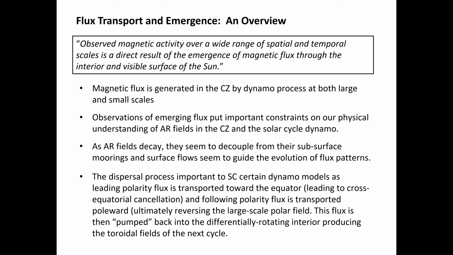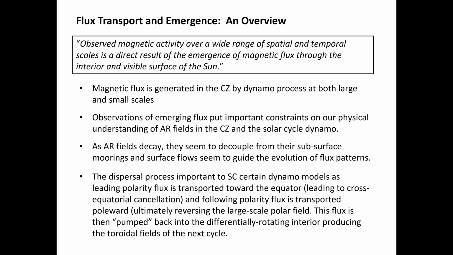Basically, everything we see at the visible surface of the Sun and in the corona over a huge range of spatial and temporal scales is the result of this process of magnetic flux being generated and emerging through the deep interior, and ultimately emerging through the visible surface of the Sun so we can see it through remote sensing observations. So COFFIES is a really broad effort, and as was mentioned before, it's organized into 3 overarching themes: the tachocline, flux transport and emergence, and the near-surface shear layer.